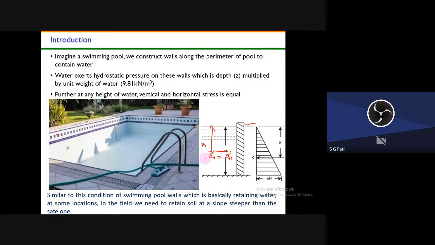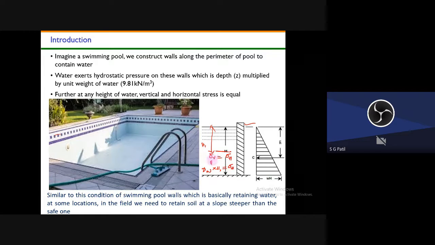What is the vertical stress here? Vertical stress is nothing but gamma W, unit weight of water into H1. Unit weight of water into H1 will be my vertical stress. Okay, so this is equal to your horizontal stress.